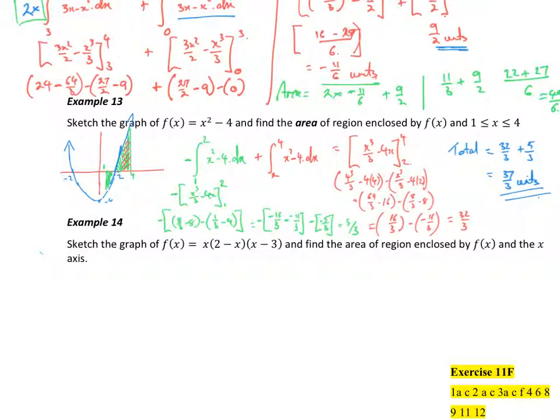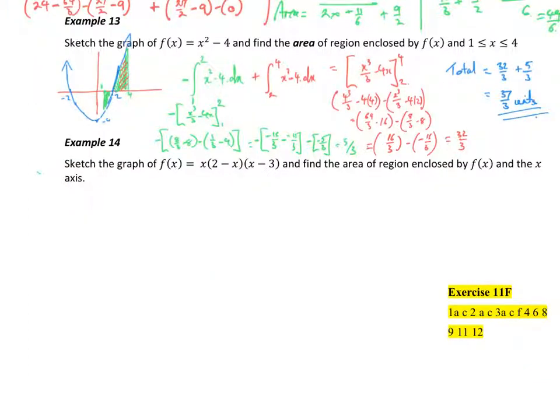Okay, so let's sketch our graph here of this cubic polynomial. So we've got x-intercepts at 0, positive 2, positive 3. So positive there because 2 minus 2 is 0, 3 minus 3 is 0.